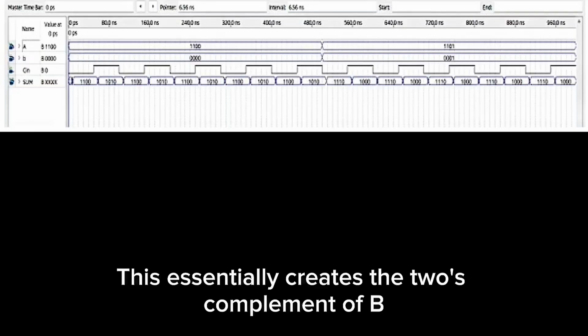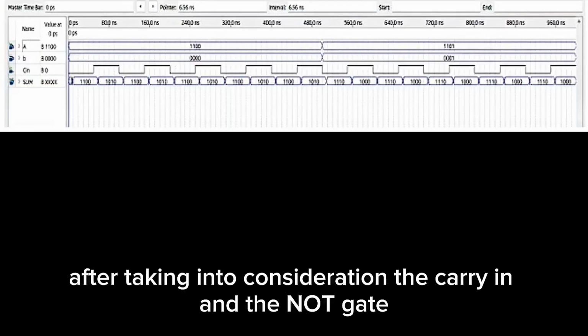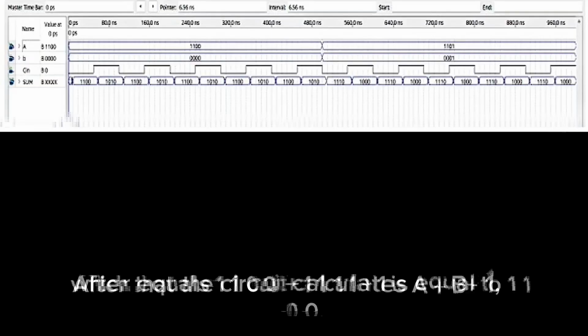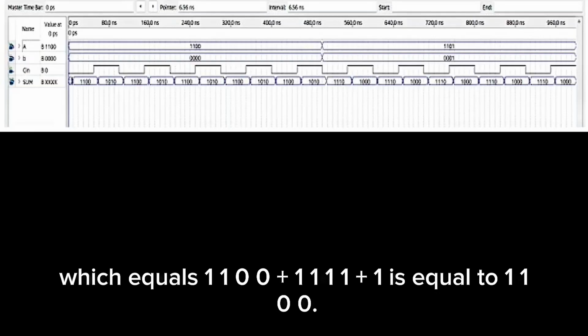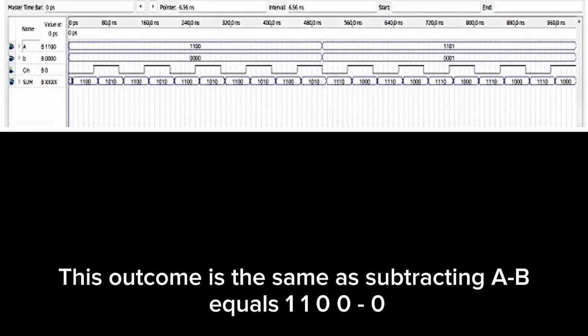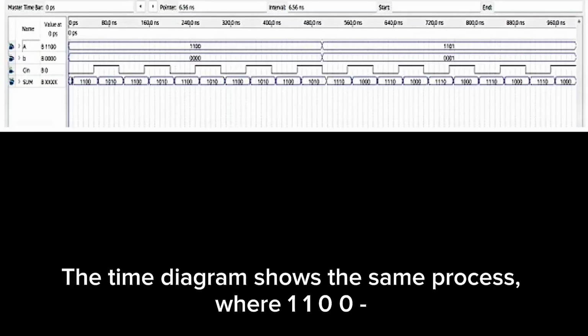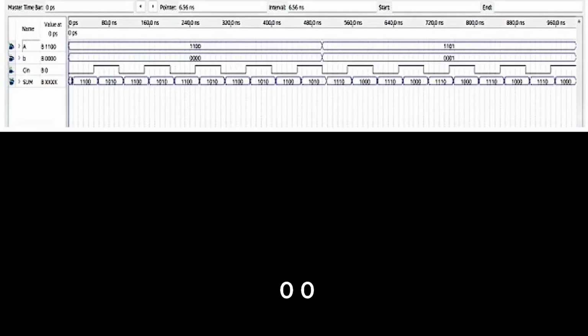This essentially creates the 2's complement of B after taking into consideration the carry-in and the NOT gate. After that, the circuit calculates A plus B plus 1, which is 1100 plus 1111 plus 1, equal to 1100. This outcome is the same as subtracting B: 1100 minus 0000 equals 1100. The timing diagram shows the same process, where 1101 minus 0001 generates 1100.